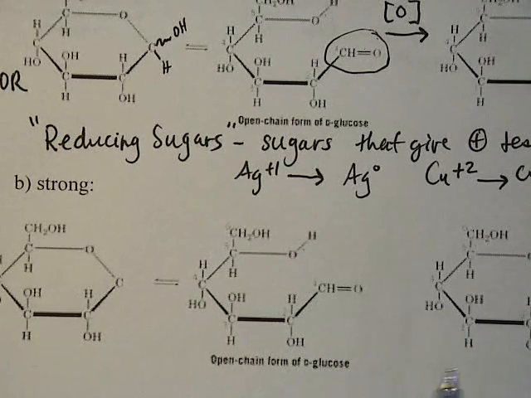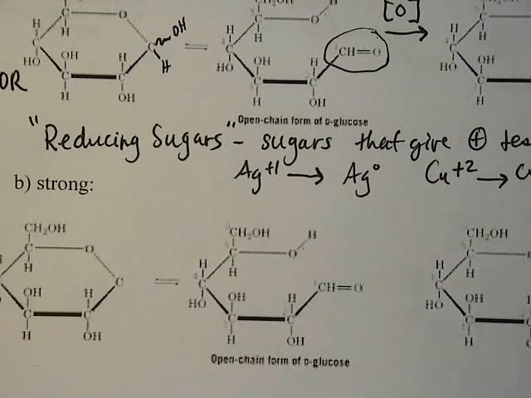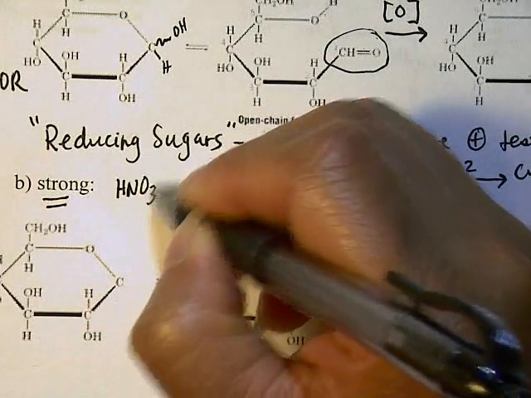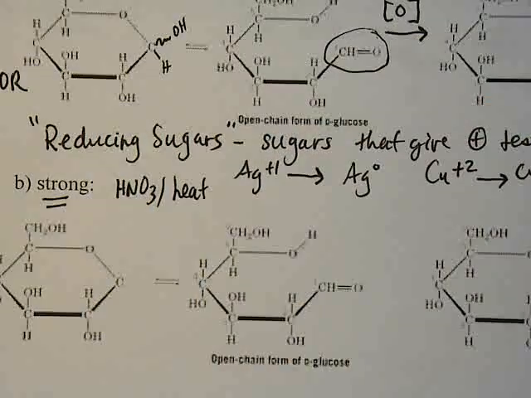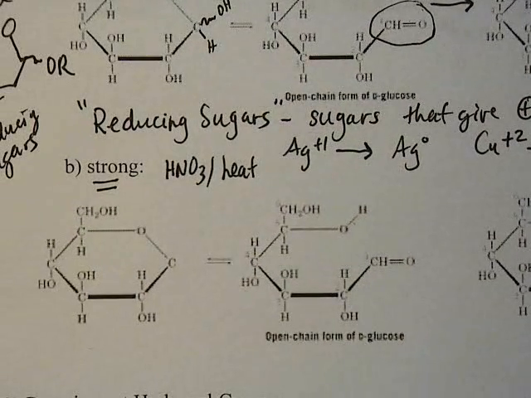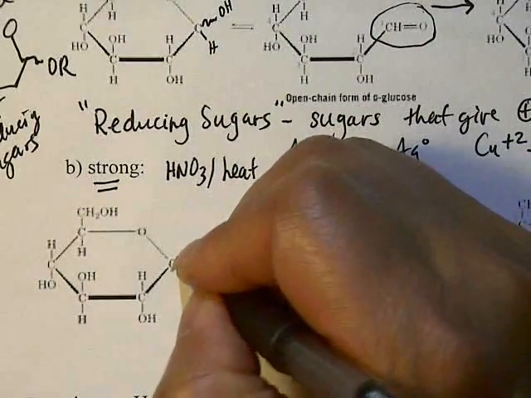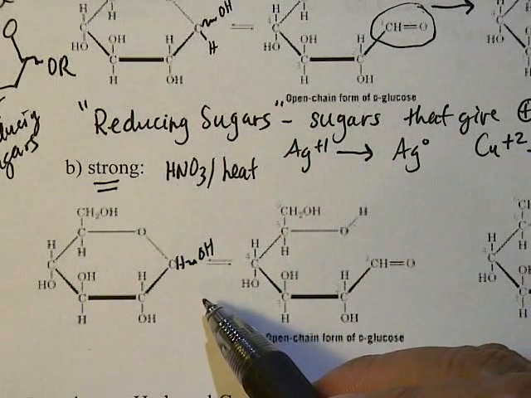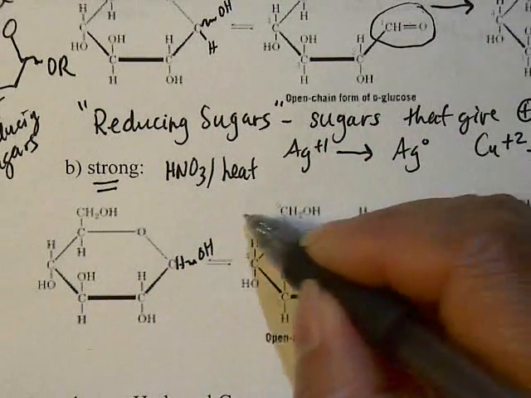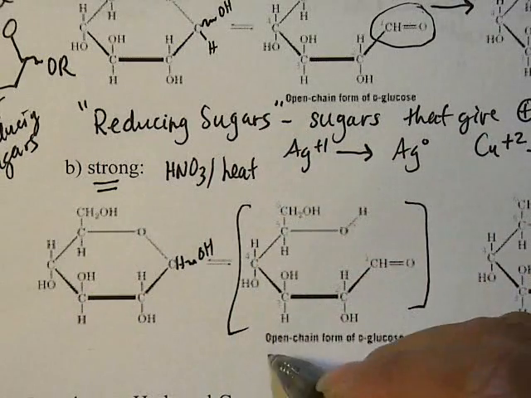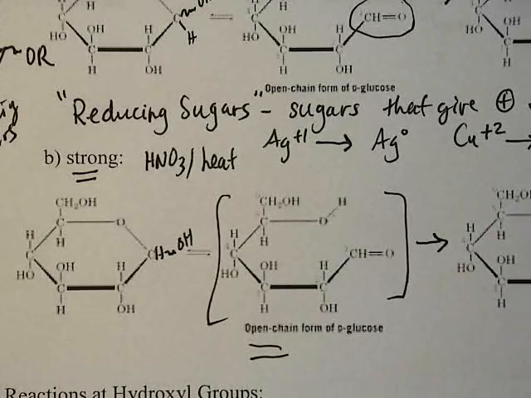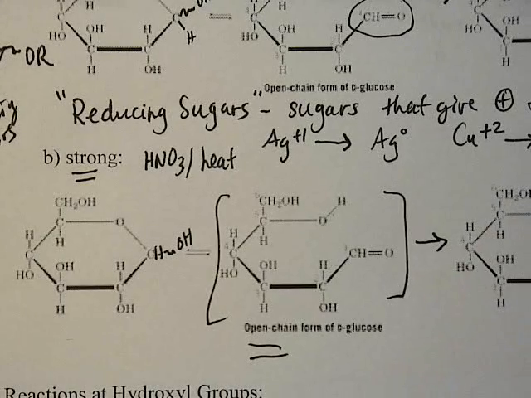All right. So the next type of oxidizing agent, what I call strong, is nitric acid with heat. So you're going to heat it with nitric acid. And once again, we're going to start with a mixture of alpha, beta, D-glucopyranose. And you have the open chain form here, which now gets oxidized to carboxylic acid like before.